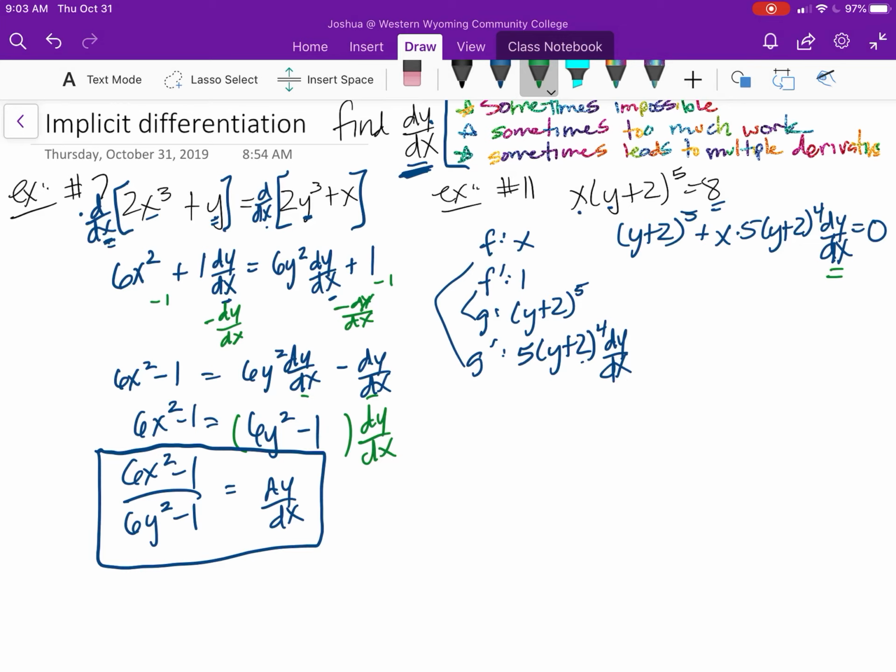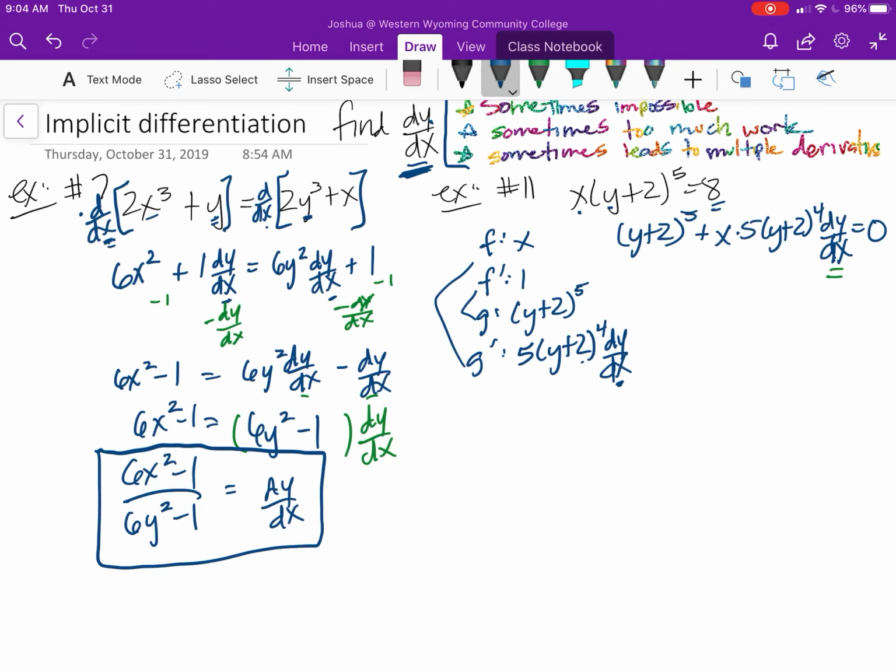Solve for dy dx. Right? We still have product rule and quotient rule even with implicit differentiation. Trick is, remember the dy dx if you're doing any derivative with respect to x. We'll look at some actually later where we'll do derivative with respect to t, let's say.